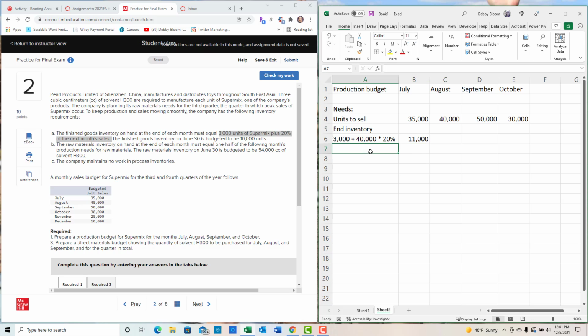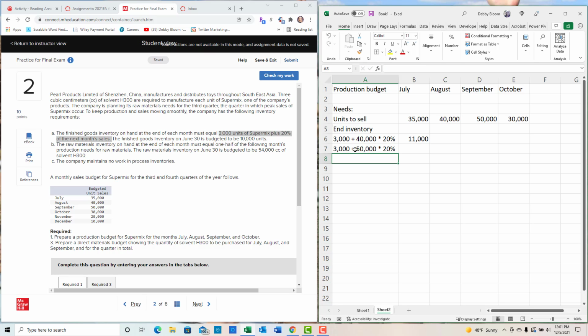Then we have to calculate our ending inventory for August. Ending inventory for August, 3,000 units of Super Mix plus 20% of the next month's sales. In August, the next month's sales would be 50,000. So for August, we're going to take 3,000 and add 50,000 multiplied by 20%.